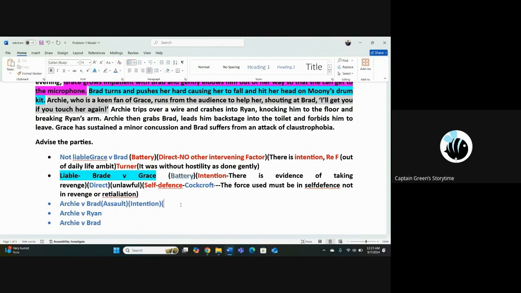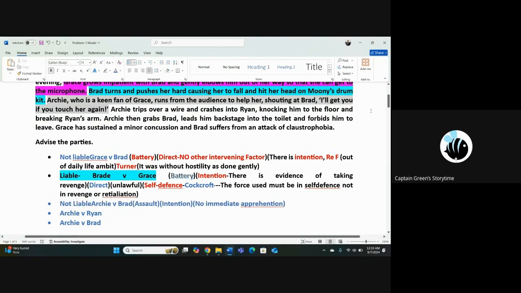The answer is no, because she was in the audience, with about hundreds of people, which means that reaching her and getting her would not be immediate, and there is no chance of immediate battery. Thus, there is no immediate apprehension. Element not proved. Thus, Aki wouldn't be liable towards Brad for assault, not liable.